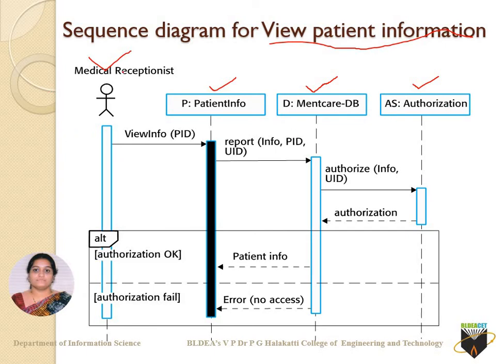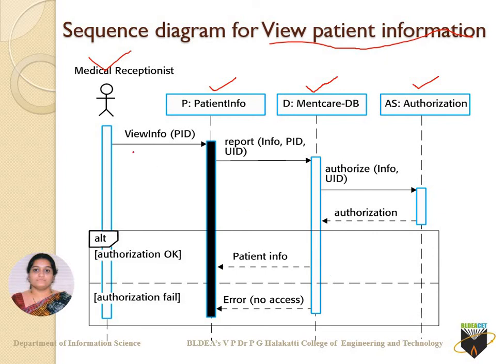And one more thing, always keep in mind these are the objects on the top. The line which is drawn for each of them is nothing but the lifeline of these objects. Till what time will it be there? It is nothing but till the time the object is active.